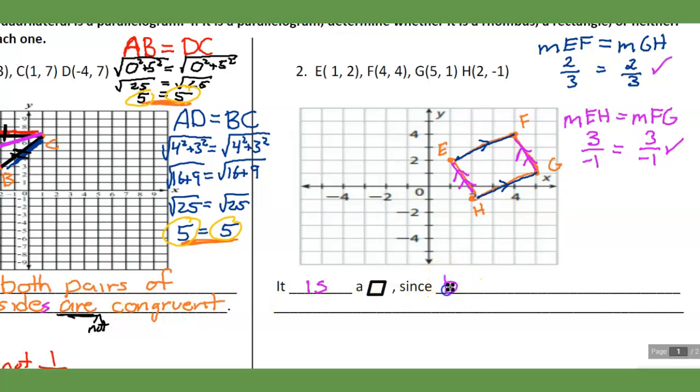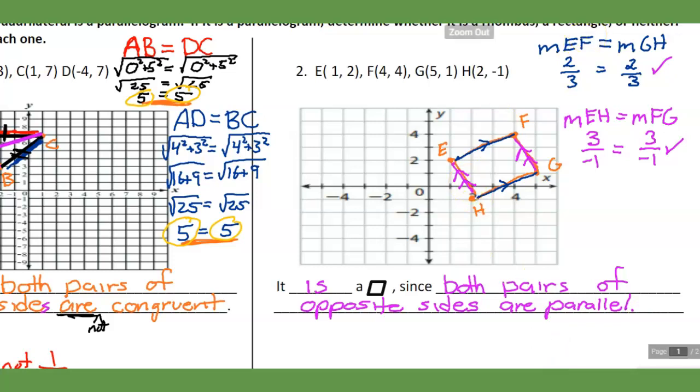Since both pairs of opposite sides are parallel. There we go.